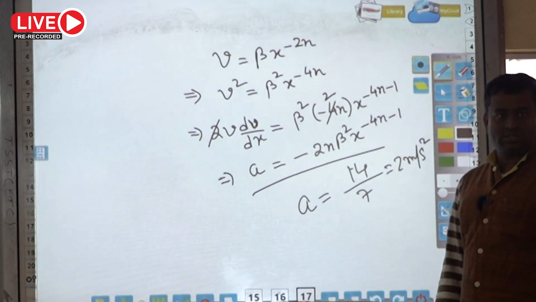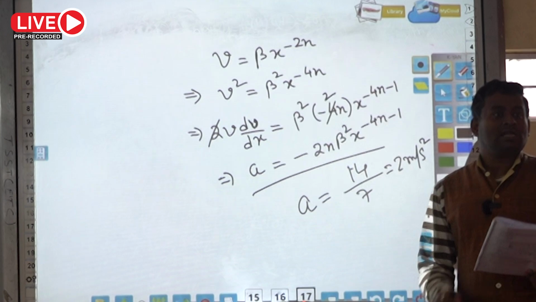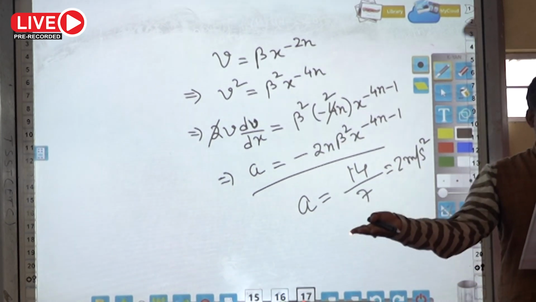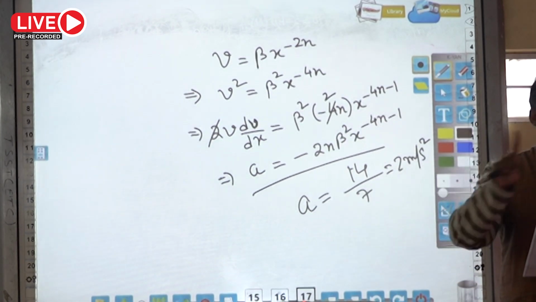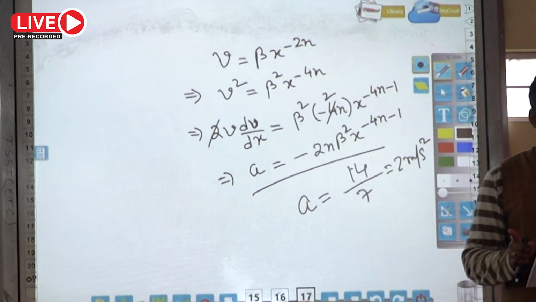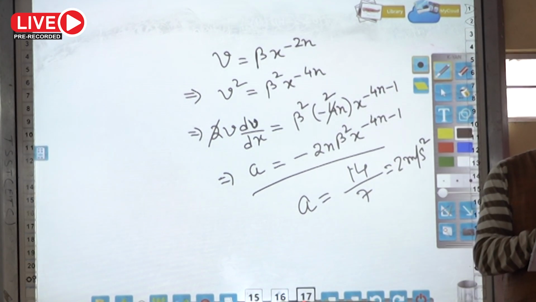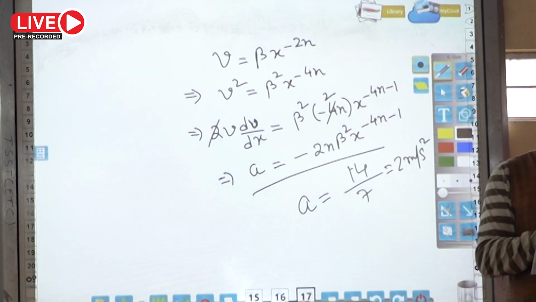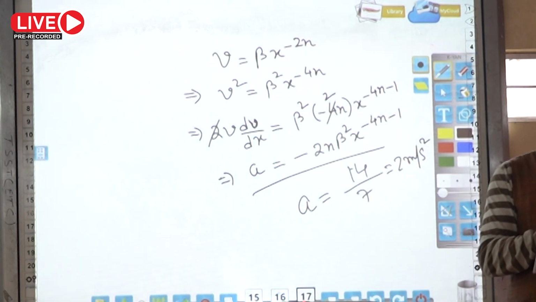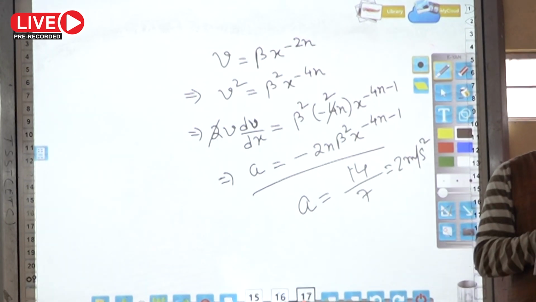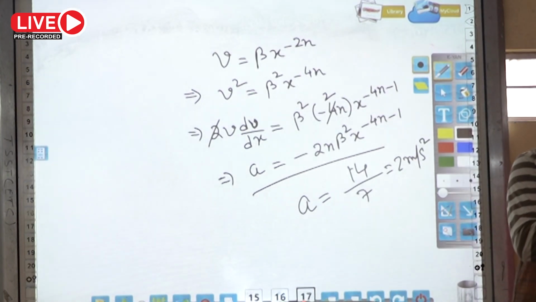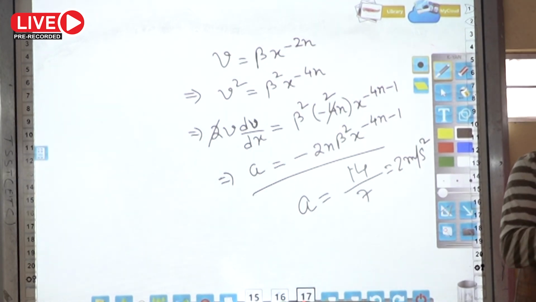Then you have to find the contact force. Then always consider the other part of the mass is only moving under this contact force. Because if you apply Newton's second law on A and calculate mass of A into acceleration, you will get the net force, not the contact force.